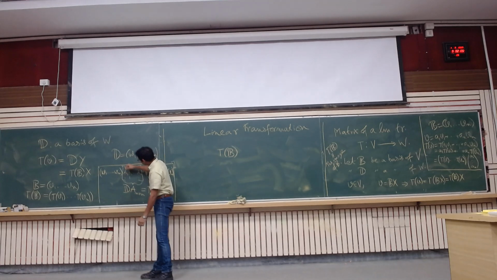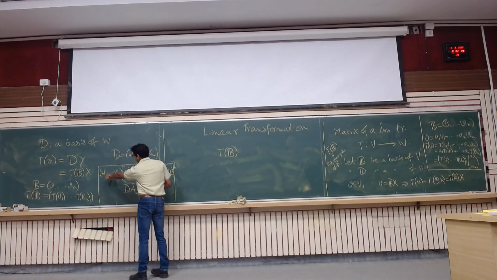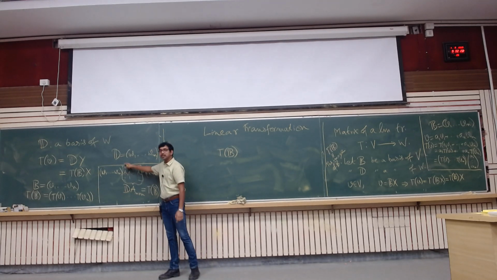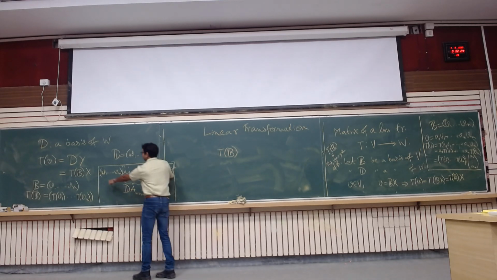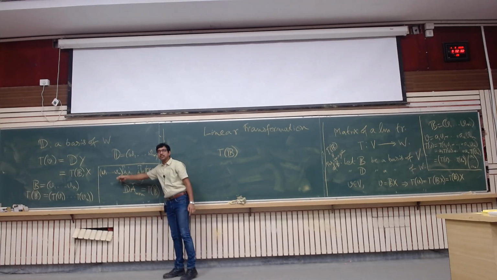Okay. So this A1 is the first column of this matrix, which gives the linear combination of W1 to Wm that produces TV1. These entries correspond to the coordinates of TV1 in terms of this basis D. These are the coordinates of TV2 in terms of this basis, and so on.